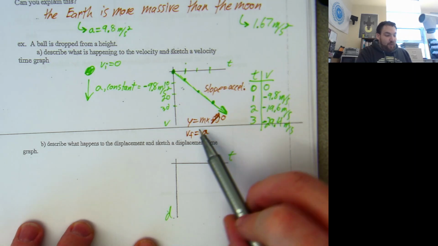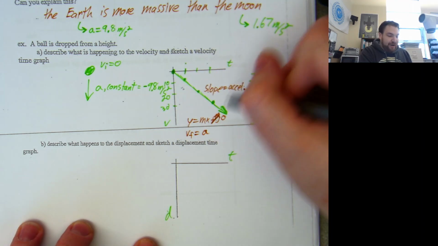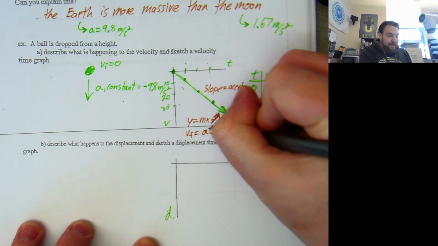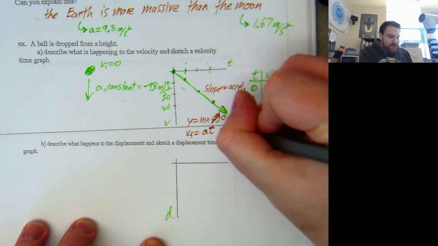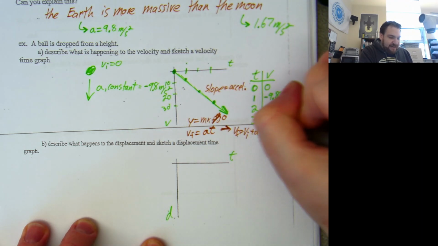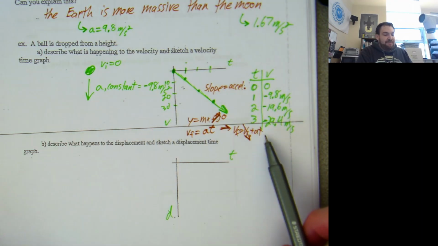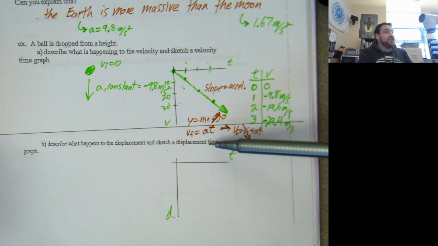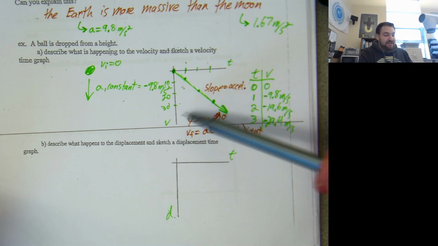So then, where I had y equals mx, vf is going to be a, and your x variable here is time. And this actually comes from a kinematic equation we've seen before. Vf equals vi plus at. If vi is 0, your final velocity is just equal to your acceleration times time. So there's a linear relationship here between velocity, acceleration, and time.